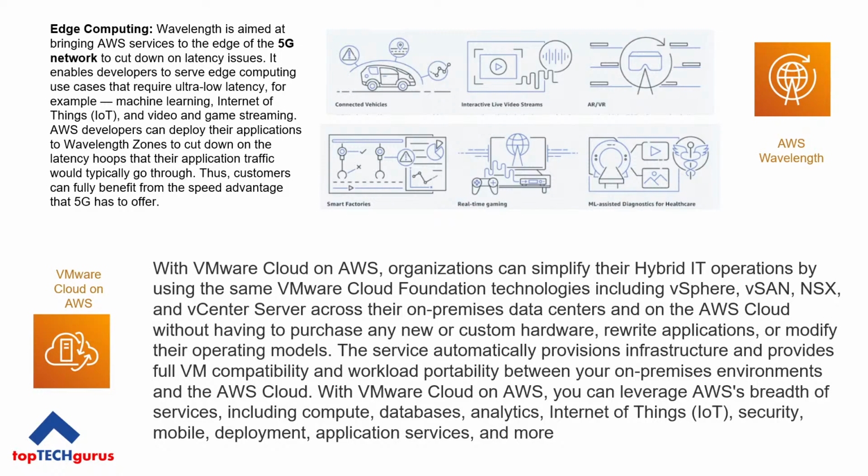And this can be used for compute, databases, Internet of Things, all those things. Any kind of IoT devices, databases, analytics, application services. If you're using VMware, you can shift over to VMware Cloud on AWS, which gives the added advantage of being on the AWS cloud.